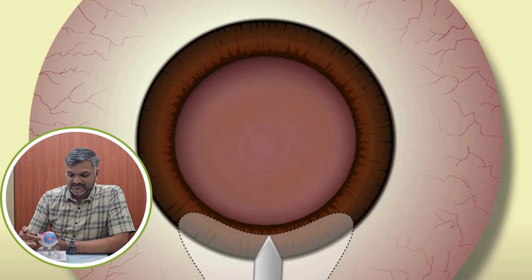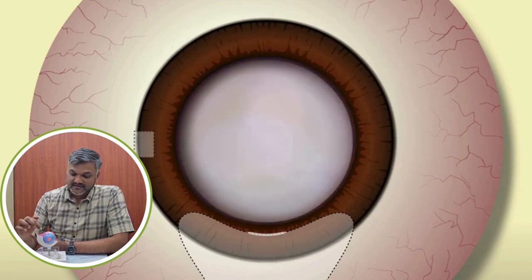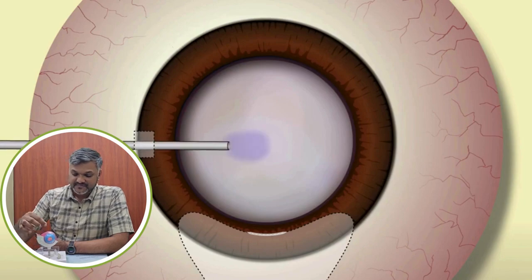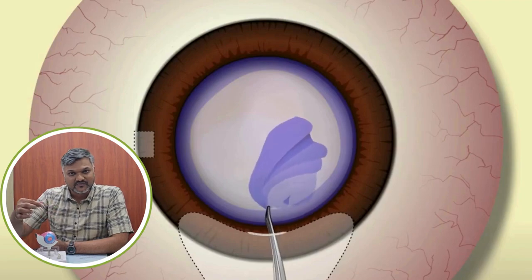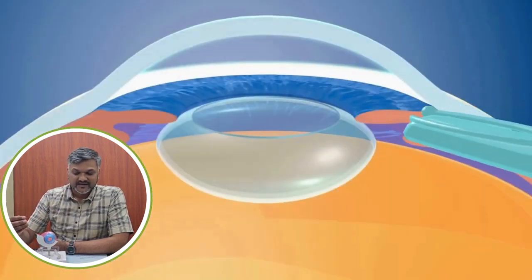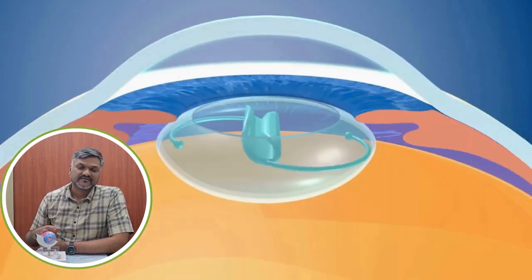This would be around 7 to 7.5 millimeters. Then we go inside. We make a nick in the cataract, remove the lens inside which is opaque, and then in that place we implant an artificial lens. This kind of cataract surgery is called SICS, or small incision cataract surgery.